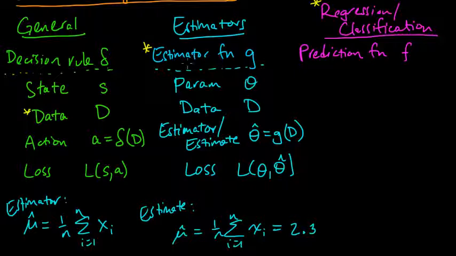Sometimes people use estimator to denote this function or procedure. They use the word estimator to describe the procedure of taking a sample mean. There's a subtle difference between that and the random variable that you get by evaluating that function on the data.